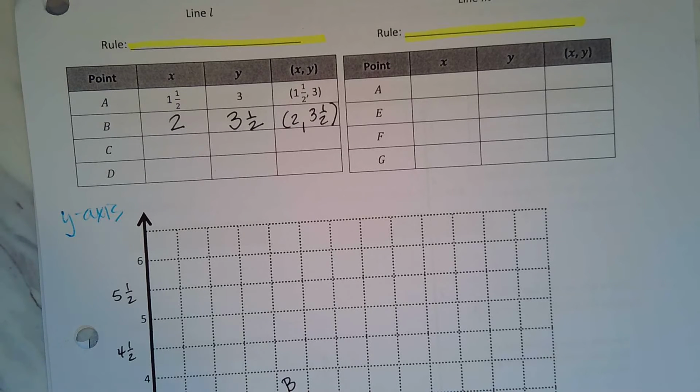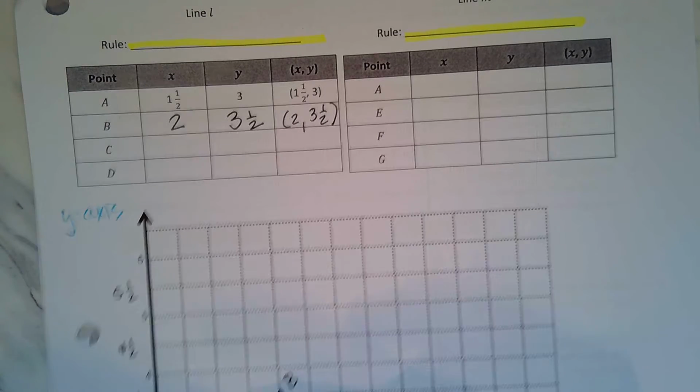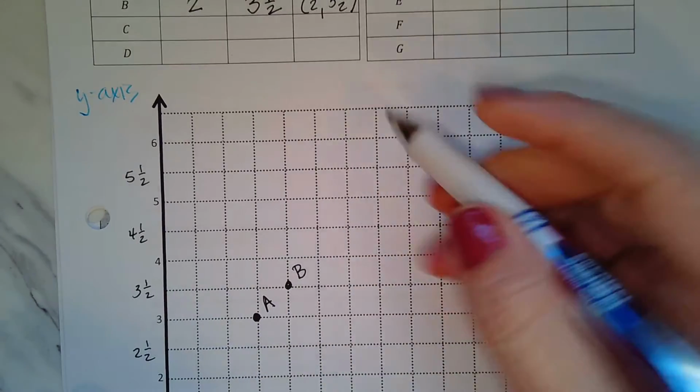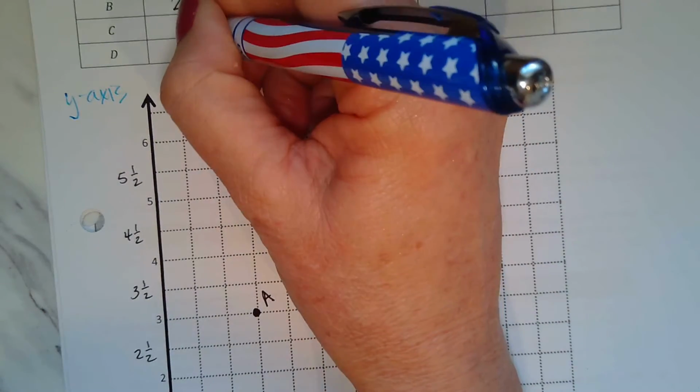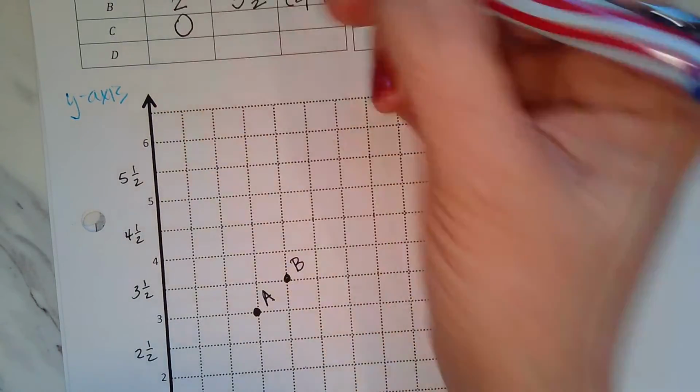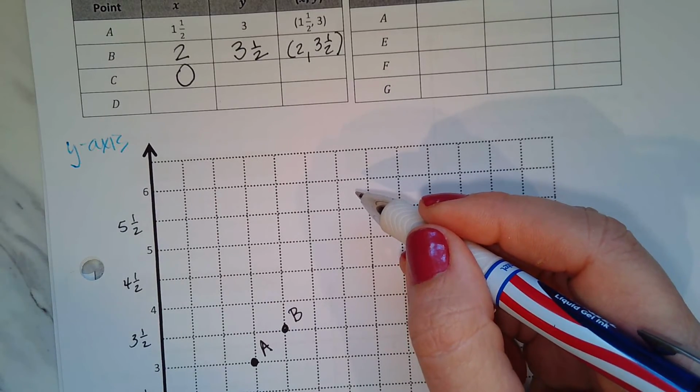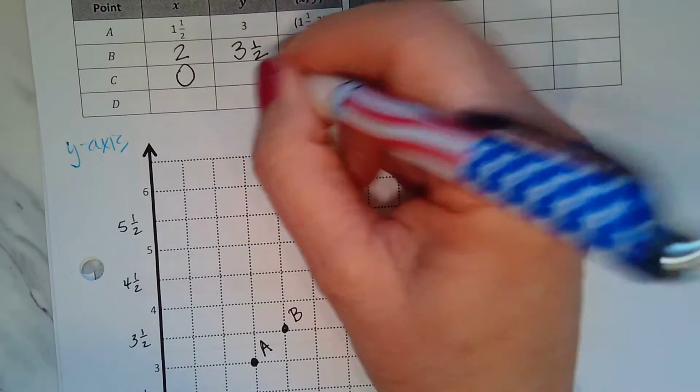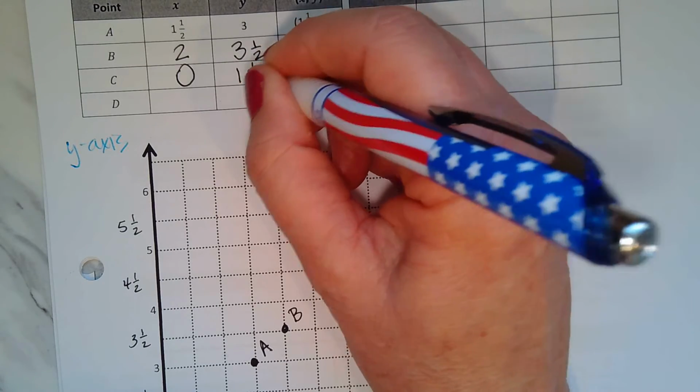Now, once we know the location of 2 points on a line, we know exactly where the line falls. Line L is going to be in here. So what if I decided my C is going to be 0? So it would be 0 and what? 1.5.